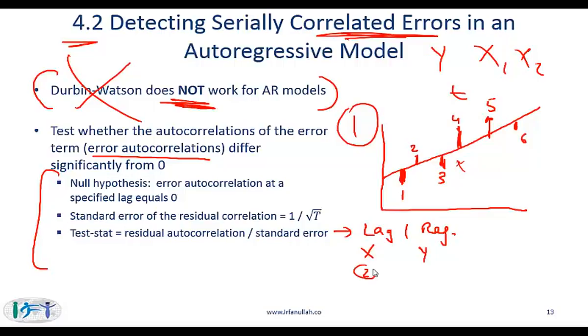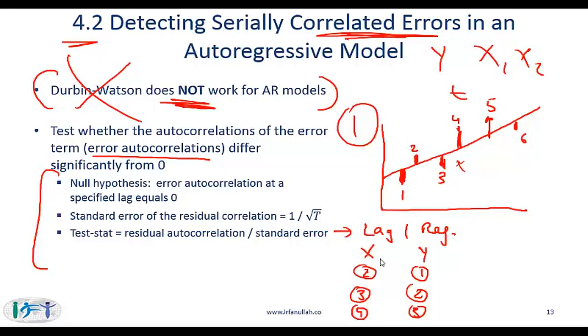So if this is your data, the second error term versus the first error term, the third versus the second, the fourth versus the third. So you run this regression now. You get 2, 3, 4 in one column, and then the parallel column will be 1, 2, 3, and tell your software to run a regression. This is called a lag 1 regression because you are regressing each error term with one lag earlier error term.